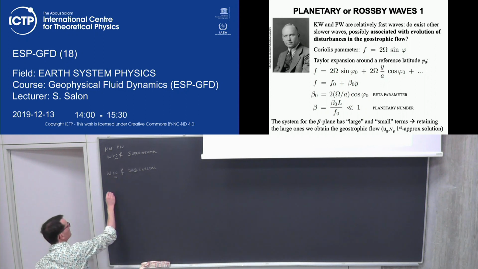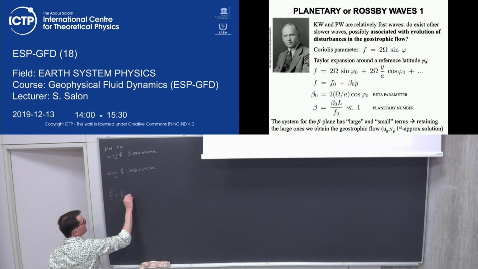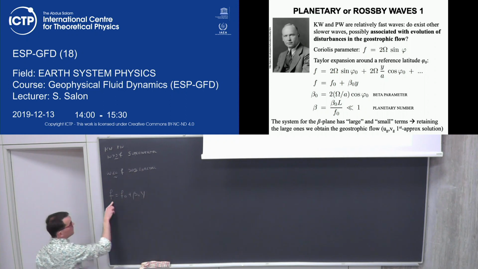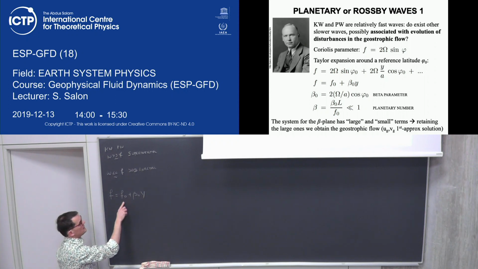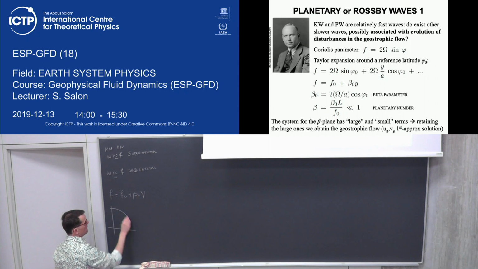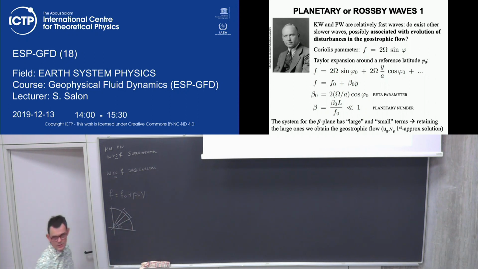So the first perturbation is, okay, I represent my Coriolis parameter as the sum of the mean Coriolis parameter when I am on a central latitude, phi 0, and then I relax the f-plane approximation in order to consider a larger area, so a larger meridional distance, Ly specifically, with respect to what I consider when I work with the f-plane. So this is the beta plane approximation.